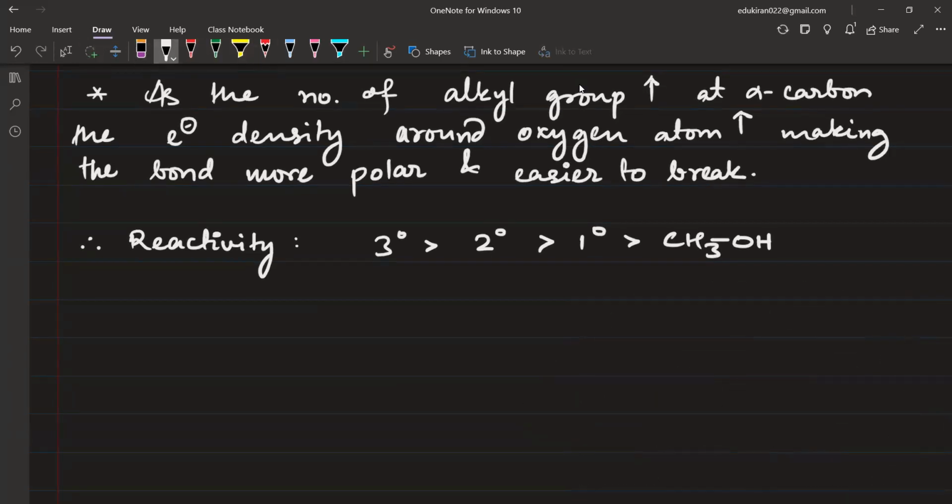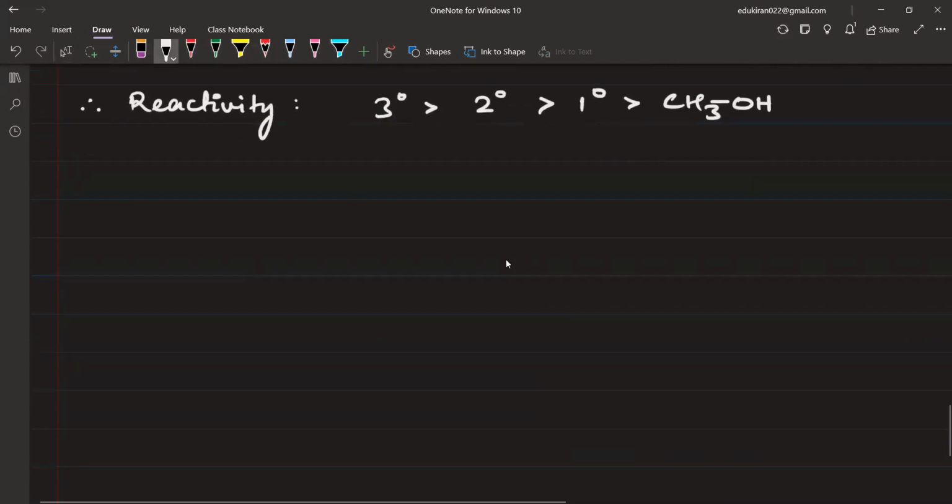That is why the reactivity is highest in 3 degree, 2 degree, then 1 degree, and at last CH3. Now, right here, first of all, the reaction with hydrogen halide.